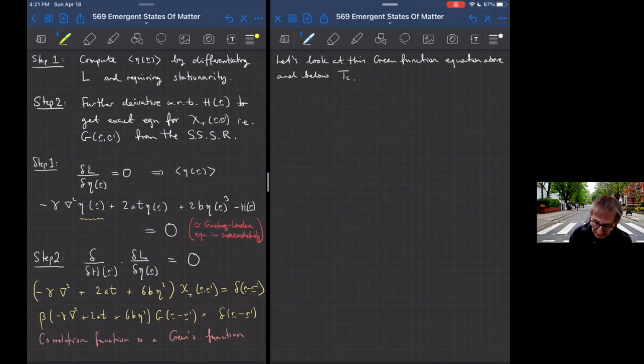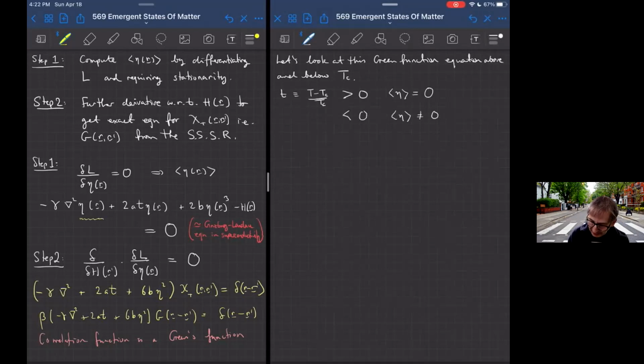So when t, which is just to remind you, is T minus Tc over Tc, is greater than 0, then that means that the expectation value of eta should be 0, and when it's less than 0, then we know that the expectation value of eta is, well, let's just say it's non-zero.